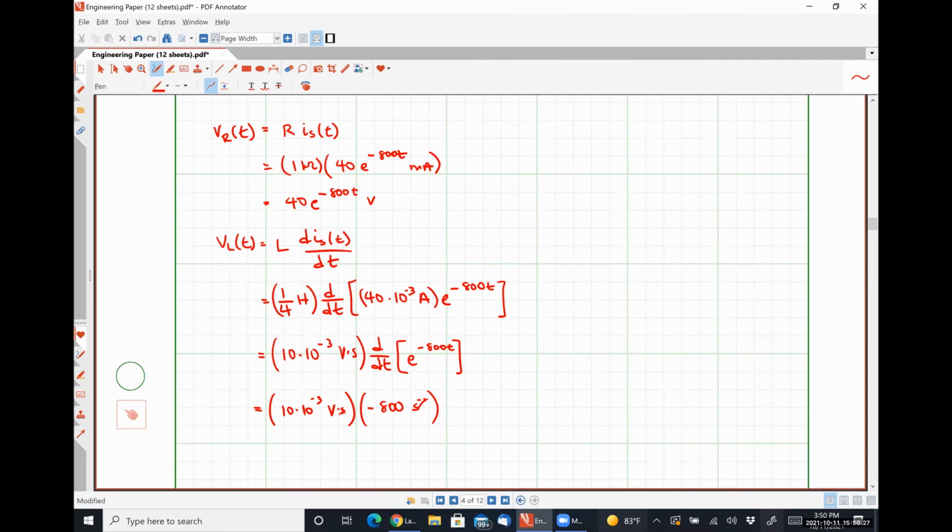And so we're left with 10 millivolts times a factor of negative 800, which should give me negative 8 volts, right? So this is going to look like negative 8 e to the minus 800t.